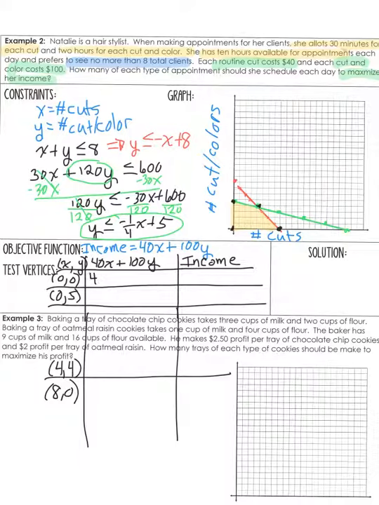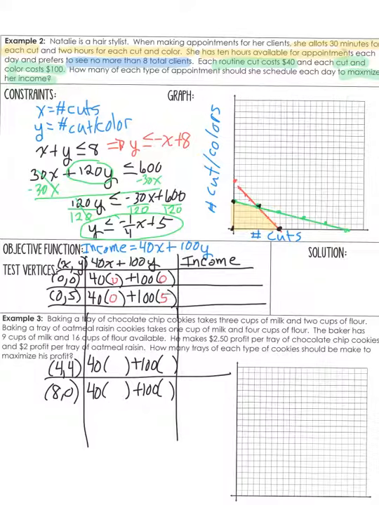Then I'm going to prepare to substitute in, so I'm going to put in my parentheses. All right, so sub in your X and Y, so 0, 0, 0, 5, 4 and 4, and 8 and 0.